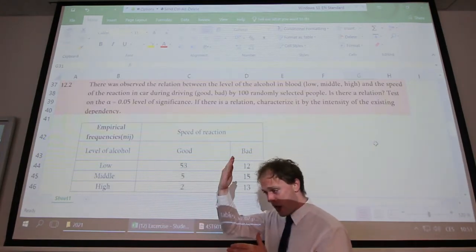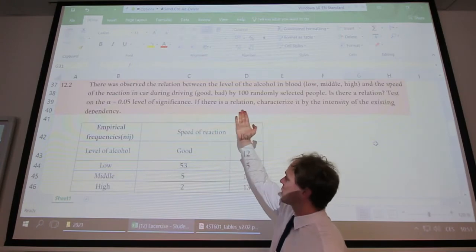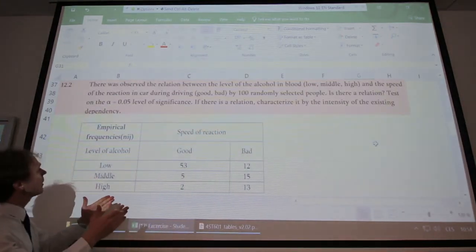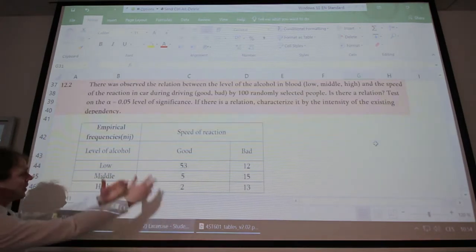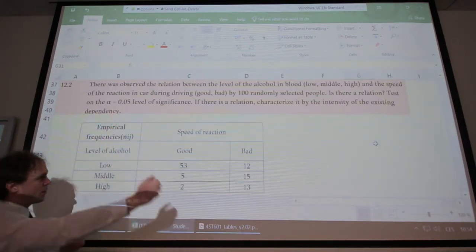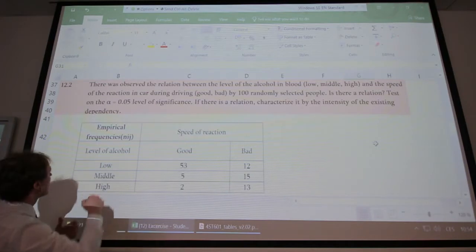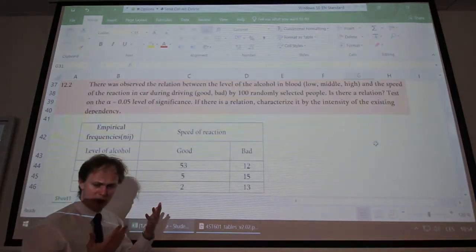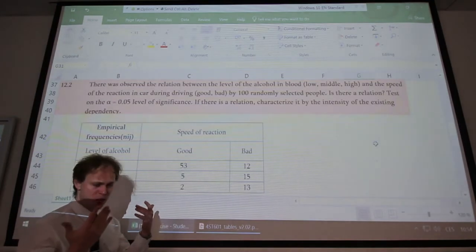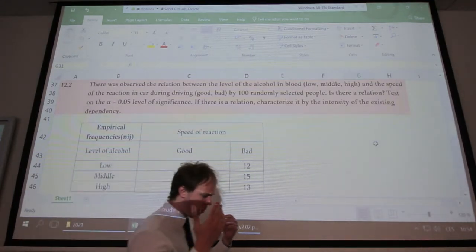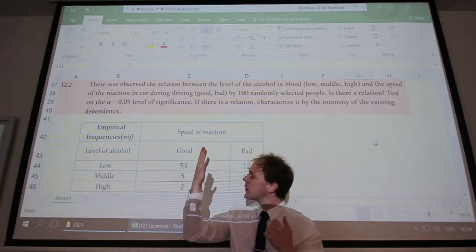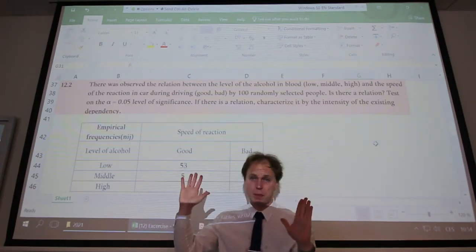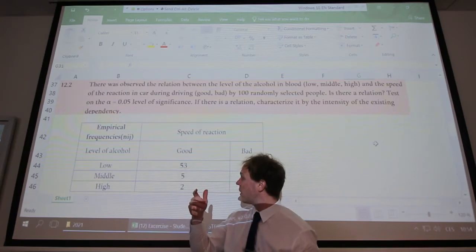And today, again, we will test the hypothesis which claims independence between the speed of the reaction and the level of alcohol in blood. We can expect that there is dependence. So you can expect that probably we will reject the zero hypothesis, but we will calculate it.